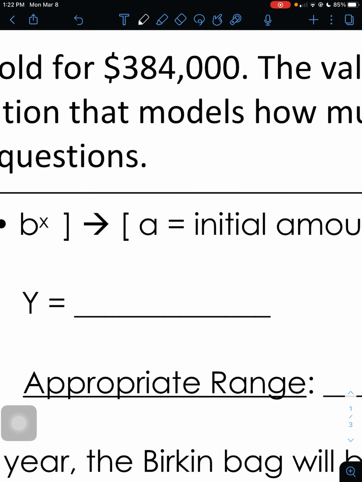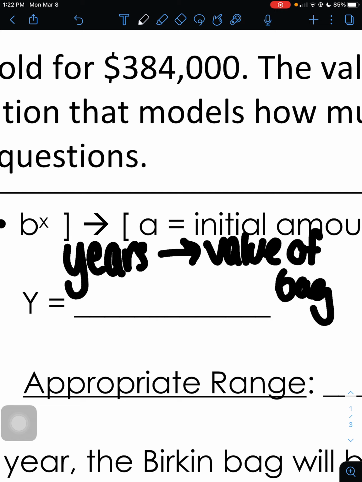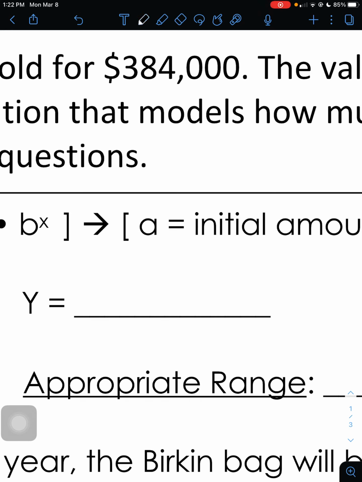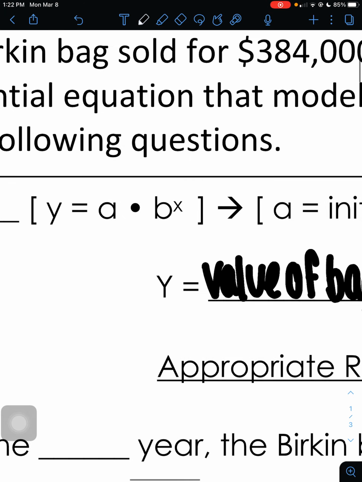Why? So we have two things going on in our word problem. We have years going on, and then years corresponds directly to the value of our bag. So that's what y represents, the value of the bag. And that's directly dependent upon what year it is.